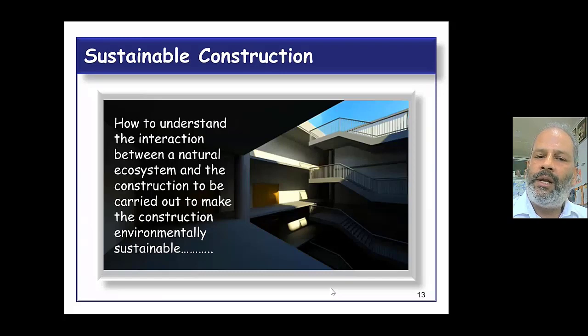We need to understand the interaction of that particular building or construction with the natural ecosystem. How that construction or building is going to affect its environment or ecosystem, or how it is getting affected by the environment or ecosystem in which that building or facility is to be situated.